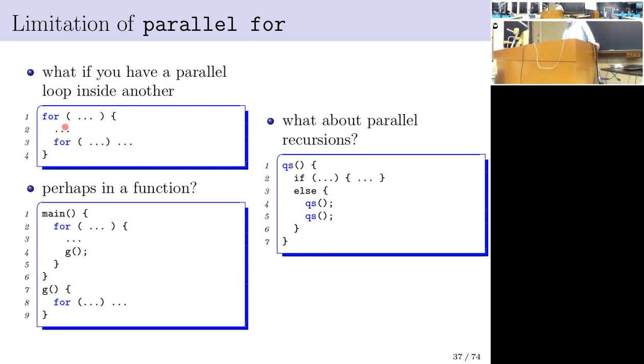But there was a syntax restriction that says there must be nothing between these two for statements. So if, for example, you have only dozens of iterations in the outer loop and another dozens of iterations in each of the inner loops, then you will have something like 100 iterations in total.